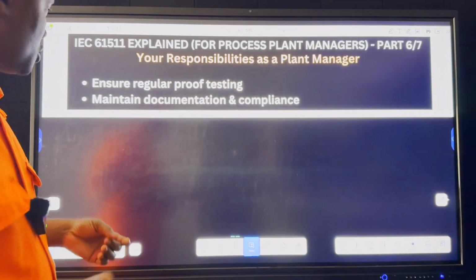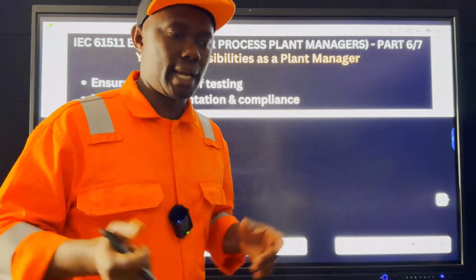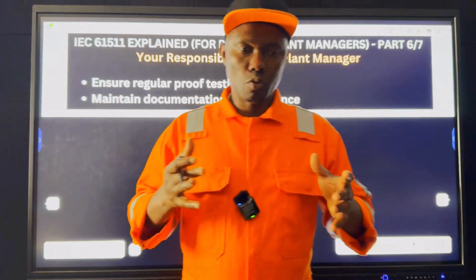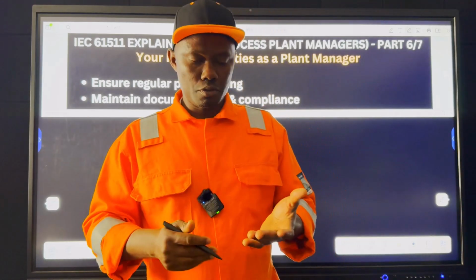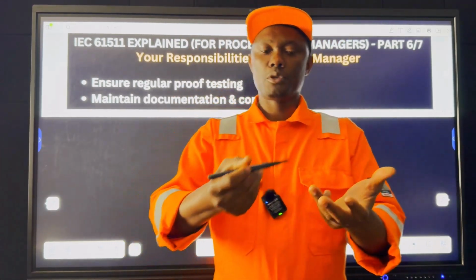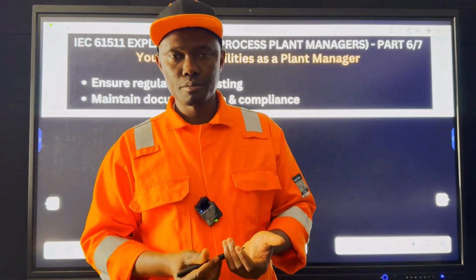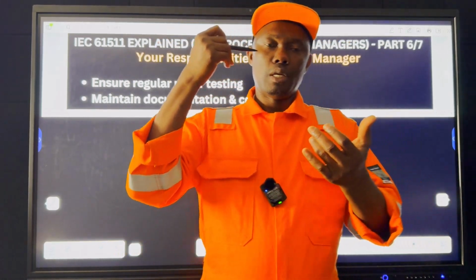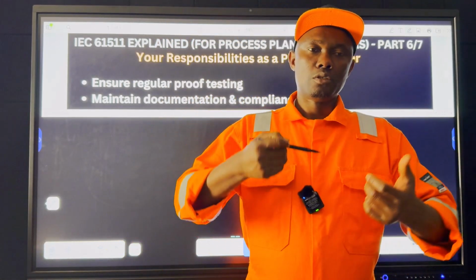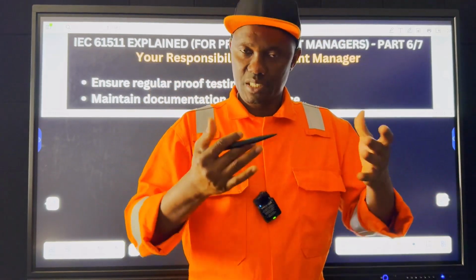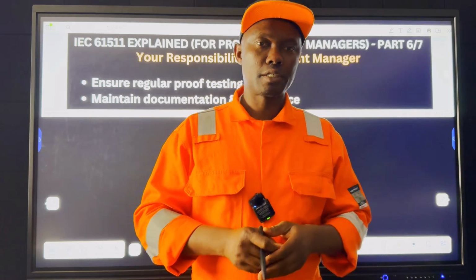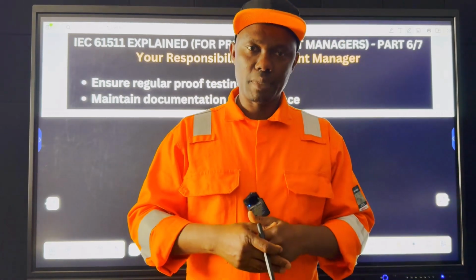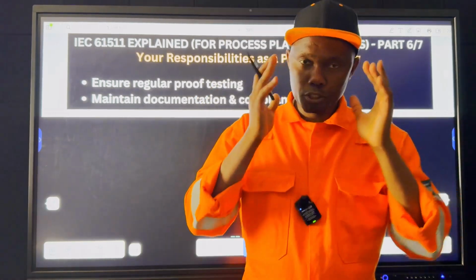One of your responsibilities is to maintain documentation and compliance. You know, safety documentations, there are different documentations for your safe loop, right from your safe register to your SRS, even to your functional design specification, your safe loop drawings, your cause and effect matrix, your proof test procedure.